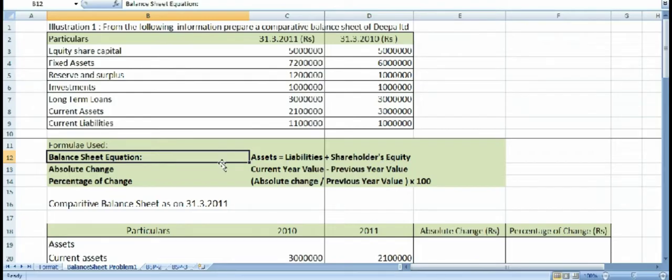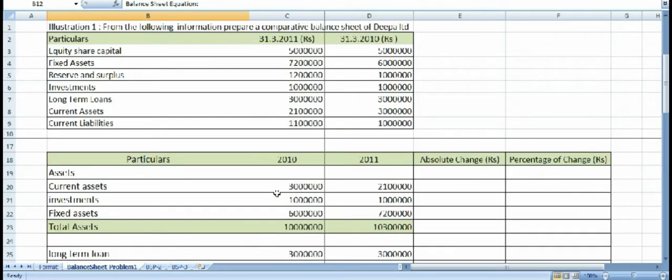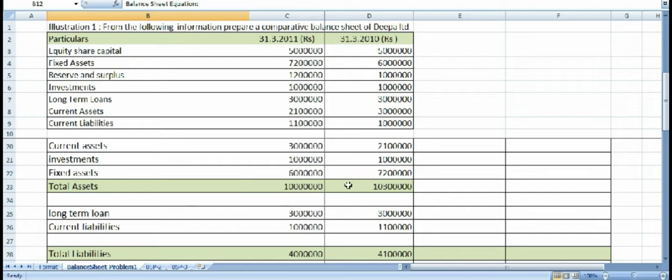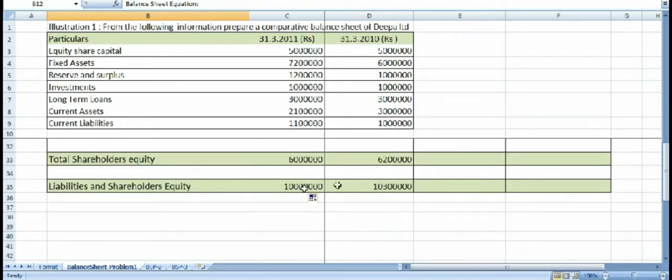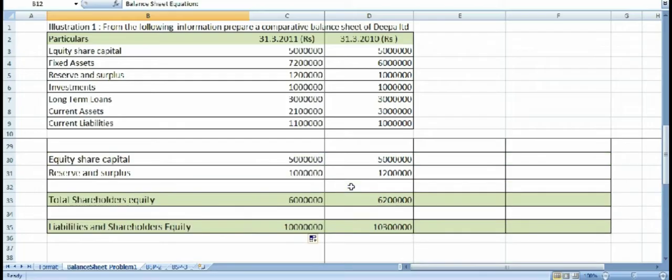So what is the asset here? It is the total assets, mentioned here. This should be equal to the sum of liabilities plus shareholders' equity. If you see, it is equal. So now the balance sheet is completely balanced. The items we have entered in both sections, assets and liabilities, are equal.